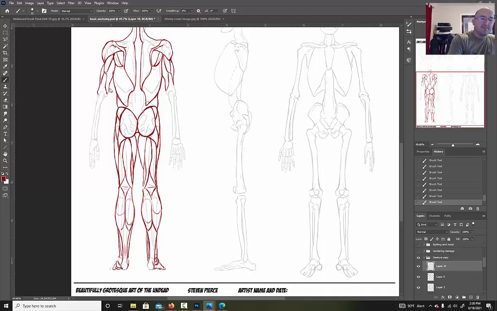All right, so most of them are going to travel straight down the arm. But there are some that do move across and have other connections.